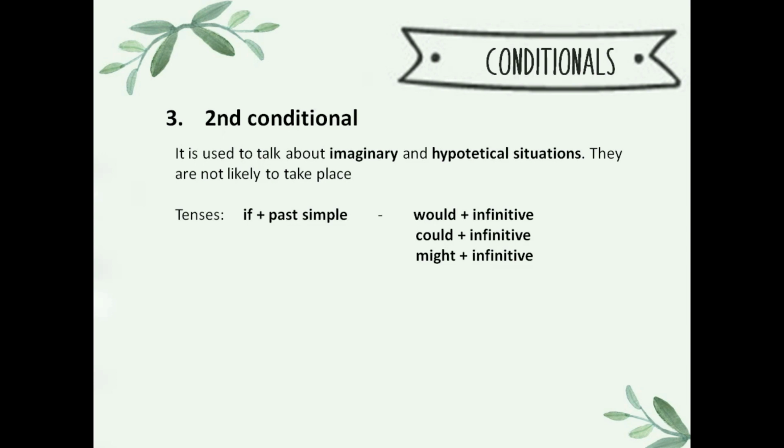In the subordinate clause, we use the past simple, and now, in the main clause, we've got three possibilities. The most common possibility is would, but we can also use could or might to show one possibility which is less common. So, would is the main one, it is the principal, and the other two verbs that are also used in the second conditional are could or might.